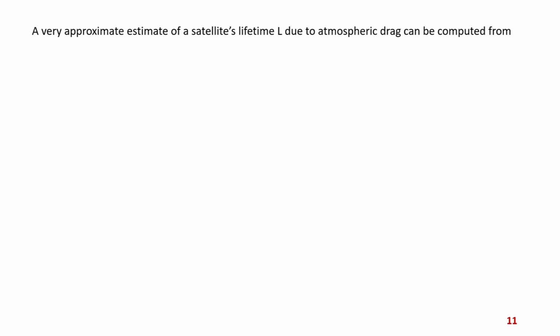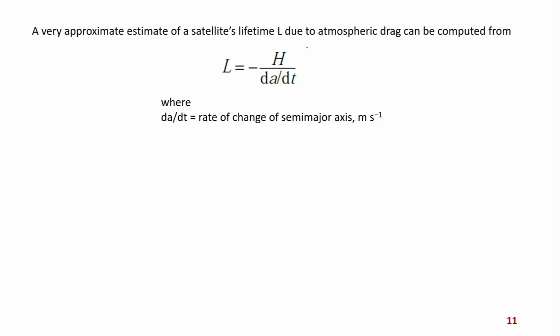Now, another expression: a very approximate estimate of the satellite's lifetime L due to atmospheric drag can be computed using this equation, where H is called the scale height and da by dt, you already know, is the rate of change of semi major axis. L is the satellite lifetime in seconds, and H is the atmospheric scale height.